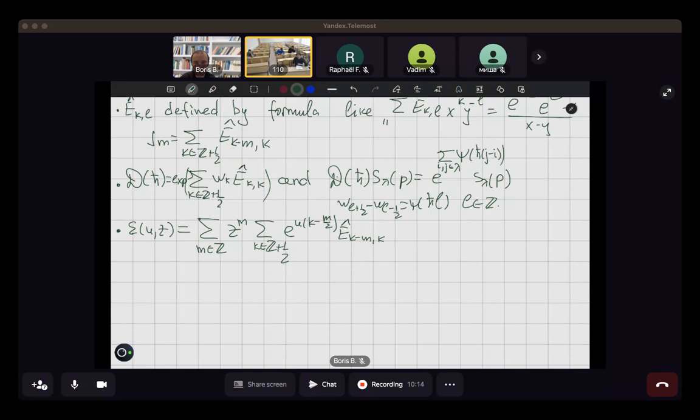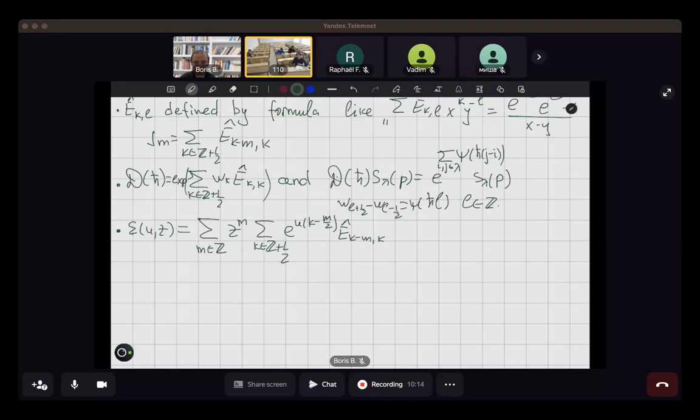So you need to either add h bar in the upper line or remove it from the lower line. Yes, sorry. I should remove it from here. And the minus 1.